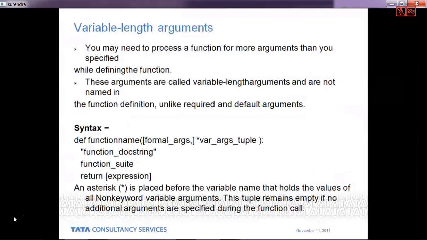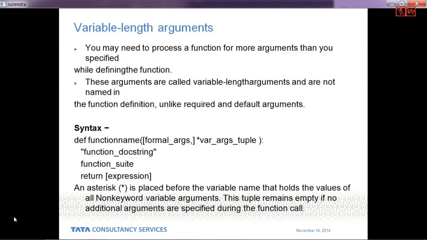An asterisk is placed before the variable name that holds the values of all non-keyword variable arguments. This tuple remains empty if no additional arguments are specified during the function call. See, if I am passing additional arguments, then it will take them. If there are no additional arguments, then the tuple is empty only.